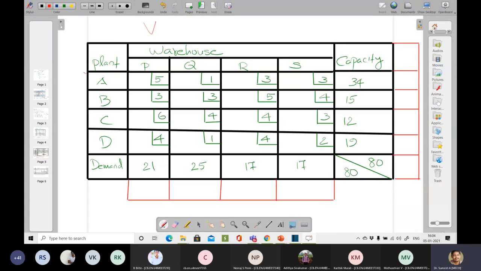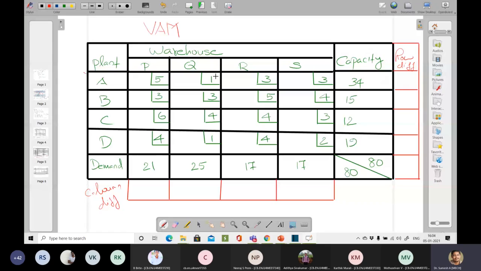Here we can calculate the row difference, and here the column difference. For the row difference, the lowest cost in the first row is 1, and after 1, the next lowest cost in that row is 3.